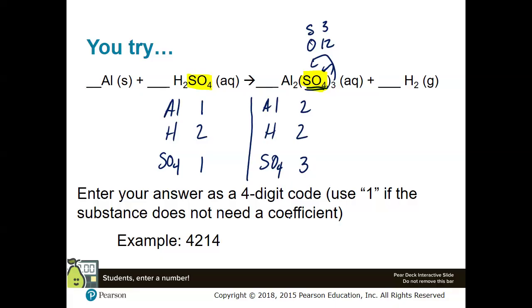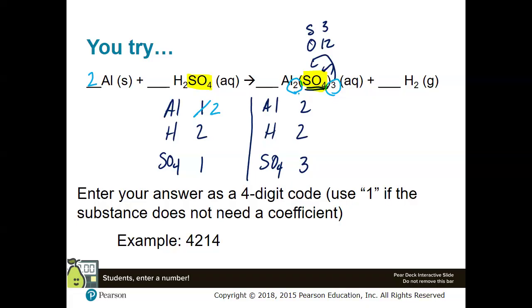Now, in addition to having the clusters, I also have a multi-subscripted compound here in the aluminum sulfate. I can use those multiple subscripts to drive the balancing because I need 2 aluminums, so I'm going to need 2 aluminums on the left side.